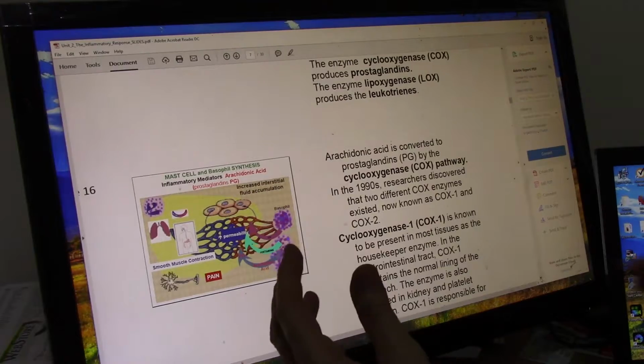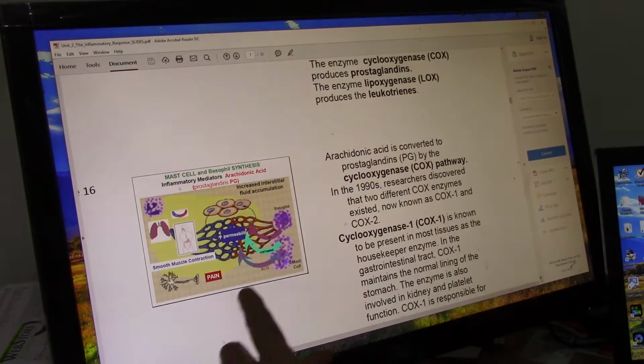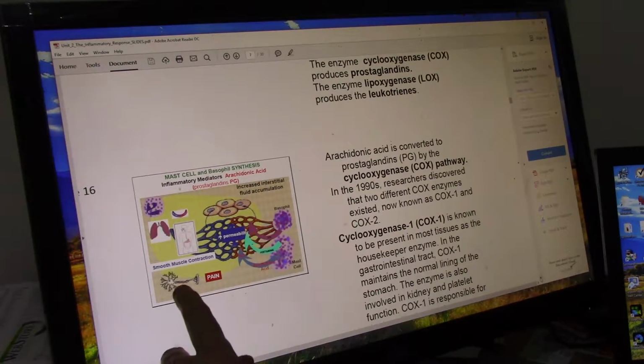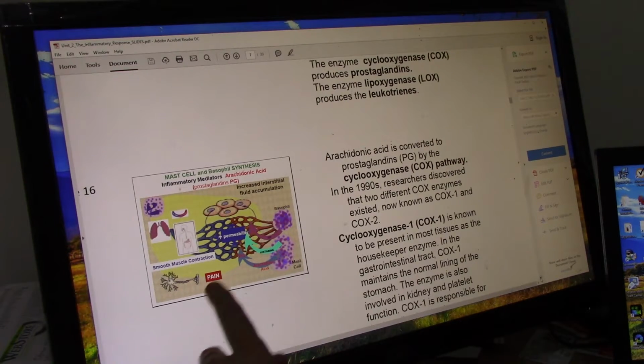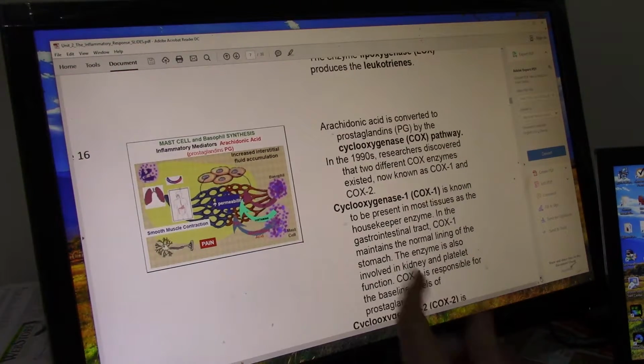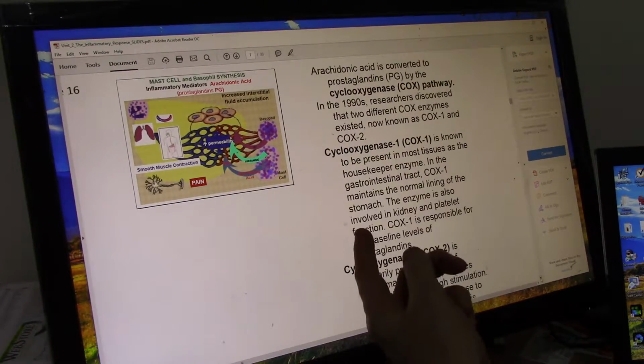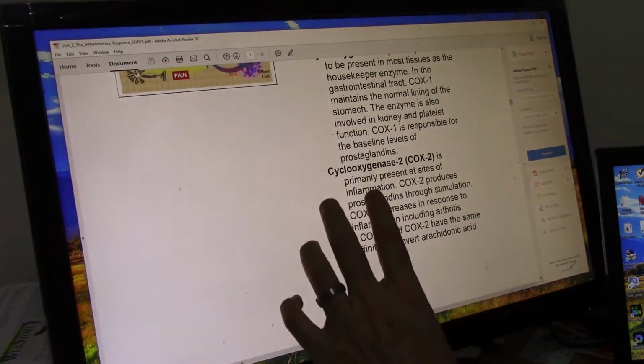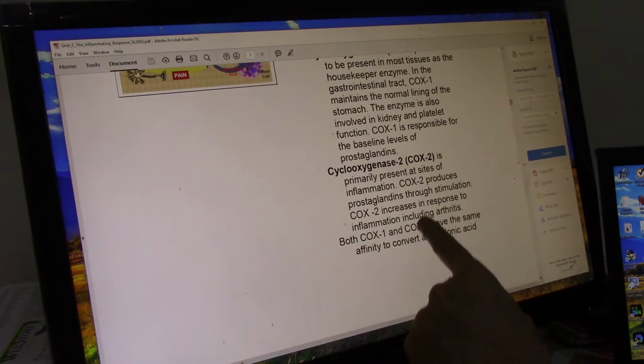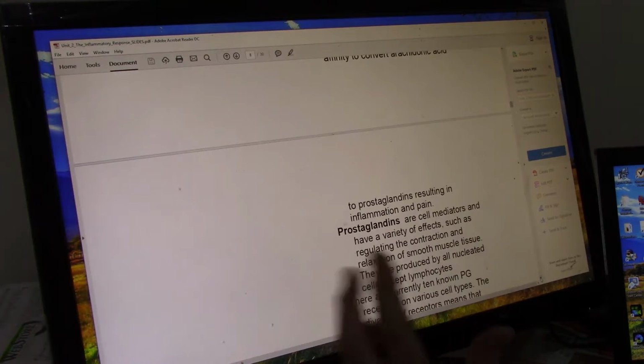Meanwhile, they are all going to increase that permeability, and also the arachidonic acid is going to sensitize these nerve endings to pain. Okay, and you can read a lot about the COX-1 and COX-2 pathways, very important to keep in mind. And we have medications that operate on these two pathways to reduce pain.